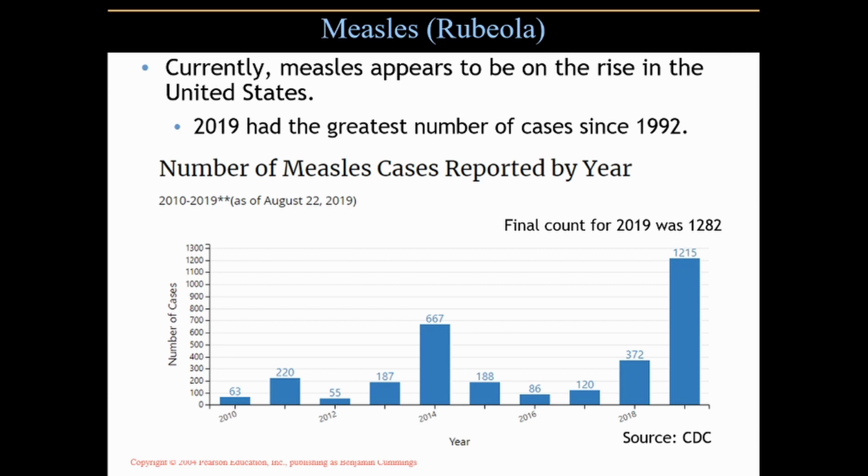Is there a link between measles, mumps, and rubella and autism? It was purported by a British pediatrician a number of years ago, and he did recant that. It was proven that his data were false, his findings were false, and still this link between measles, mumps, and rubella and autism persists, and it shouldn't.